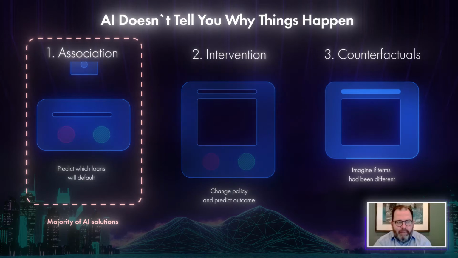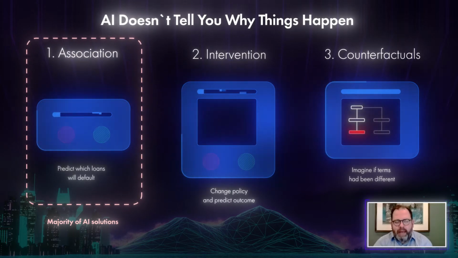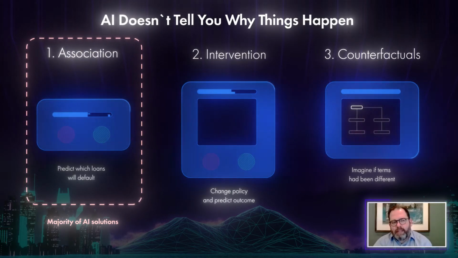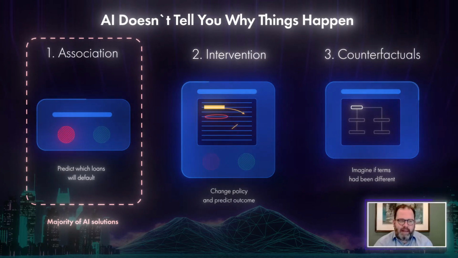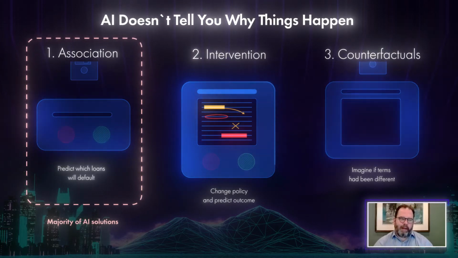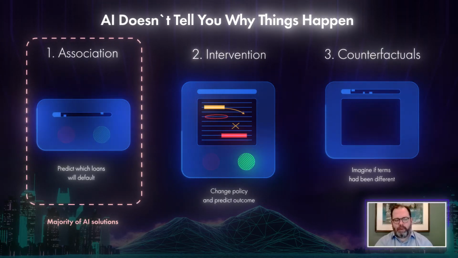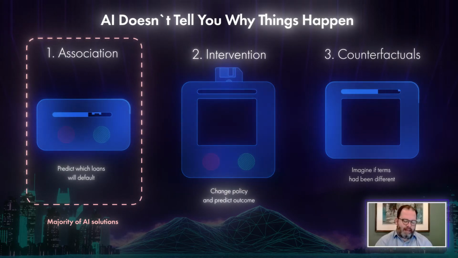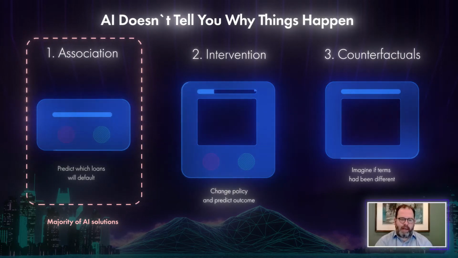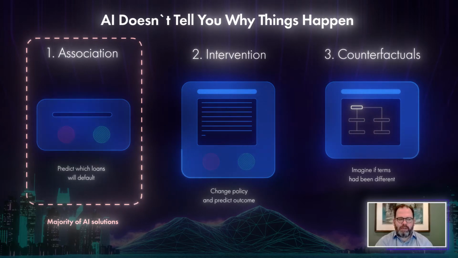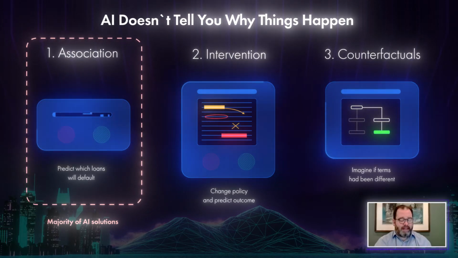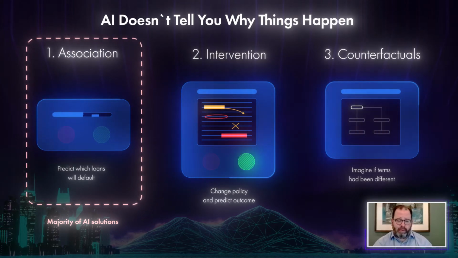And is that helpful? Sure, it's helpful. Is it really addressing the question that an organization has when they say, what is it that's driving this? It's not appropriate, in my opinion, to show them a feature importance list, because it's not addressing the same question. In fact, if you went from model to model, you can start to see that these features that are quote important are not always important in every model.